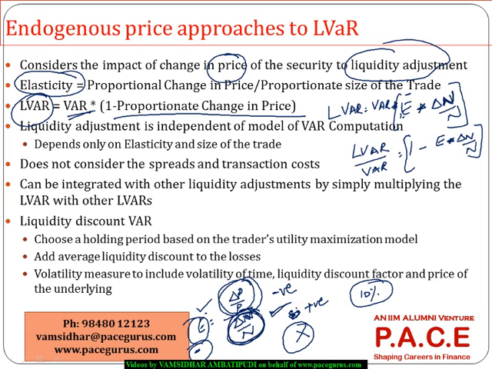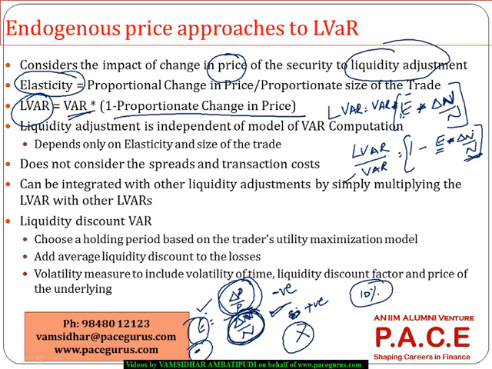So the LVAR to VAR, meaning the contribution of liquidity to the overall VAR, is purely based on, one, the elasticity between the price change and the size of the trade for that security, which has to be estimated using an appropriate method, and also delta n by n, which need not be estimated and can be understood from the size of the position that is getting traded.